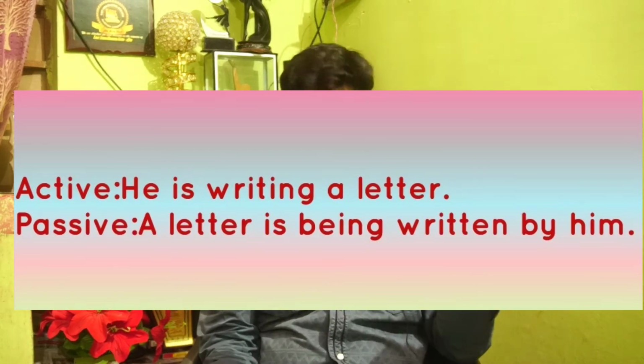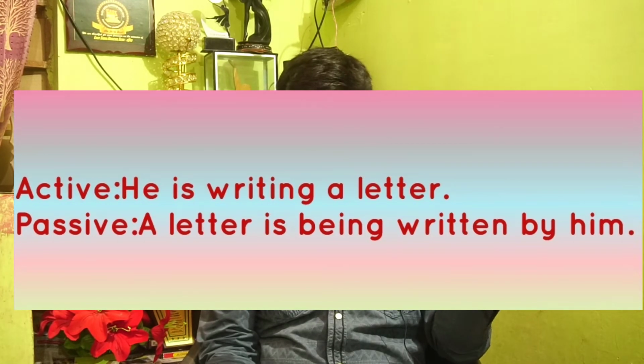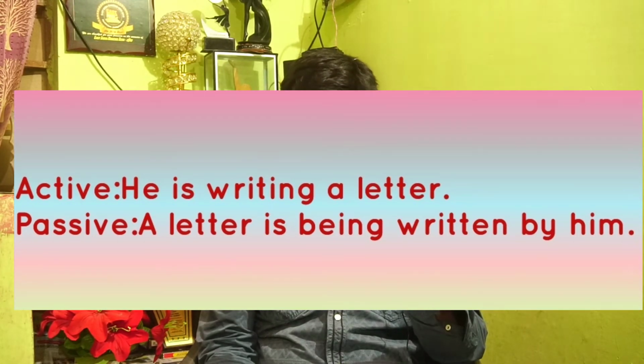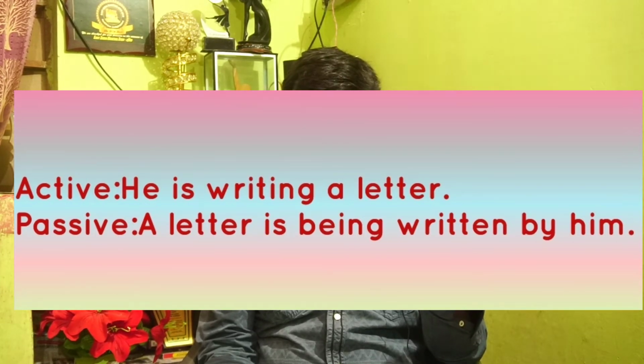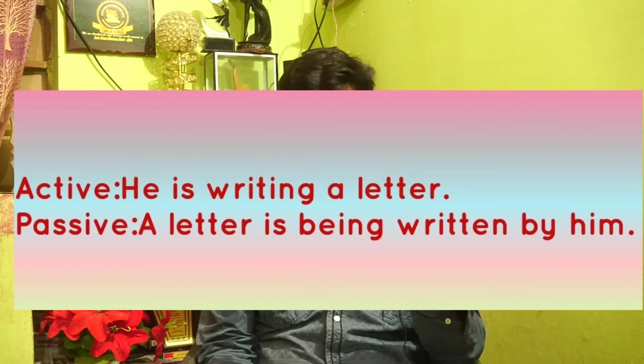So we'll see another example of another variety of sentence, present continuous tense. I'll give you an example. He is writing a letter. Here we'll bring the object to the first place, a letter, and then we'll write the auxiliary verb is, because this is in present tense, and because this is in ing form we'll add being.